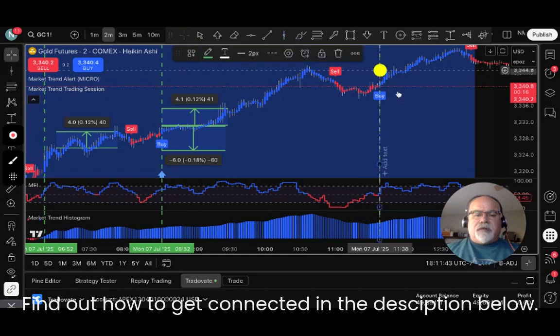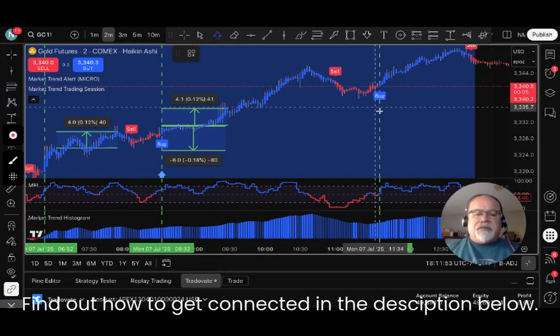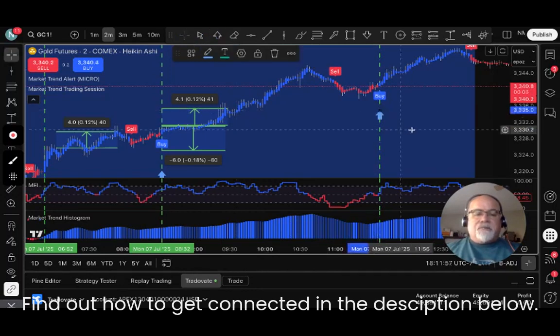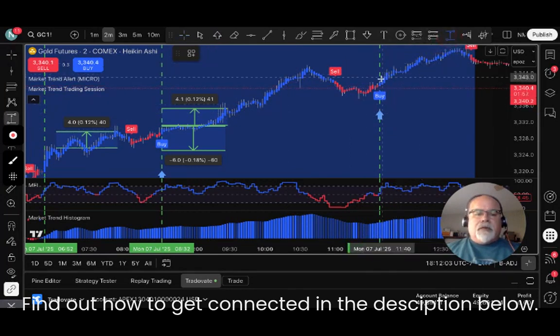This is why the market trend system is so effective, folks. It's the only system I'm going to trade probably for quite some time. It's basically trading the trend. Let me go ahead and set this tick right here. Let's go up 40.